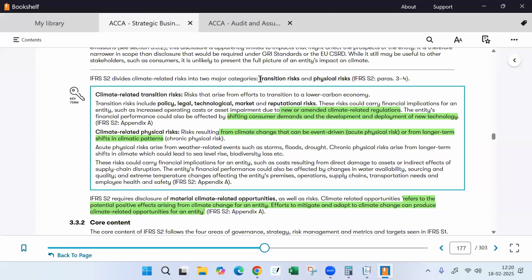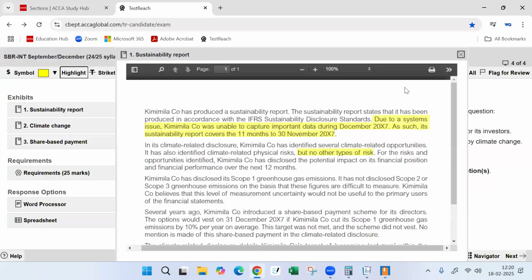So these are the two risks we have to report on, right? Physical risk as well as the transition risk, right? So here they are likely to report on not just the physical risk, but also the climate related transition risk, which might reasonably be expected to affect the entity's prospects, right?